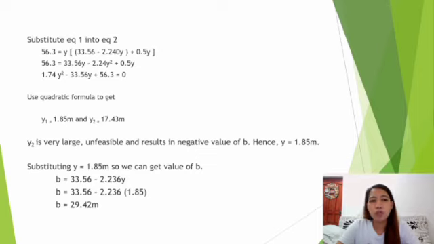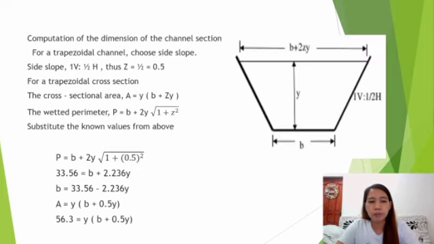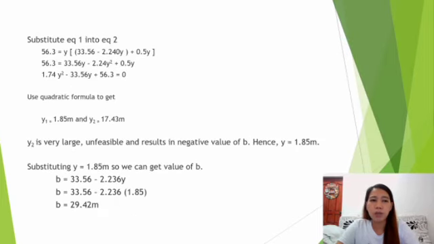We can substitute the value from equation 1 into equation 2. There we get a quadratic equation. I would recommend you use the quadratic formula, because we will have two results here.